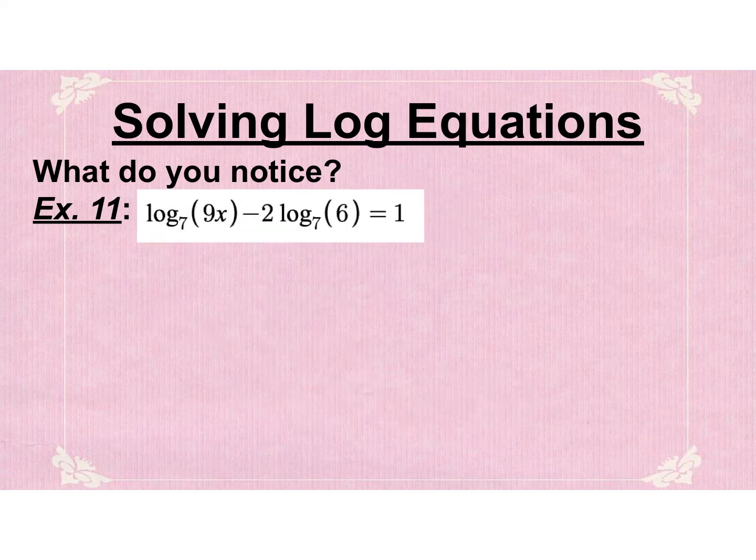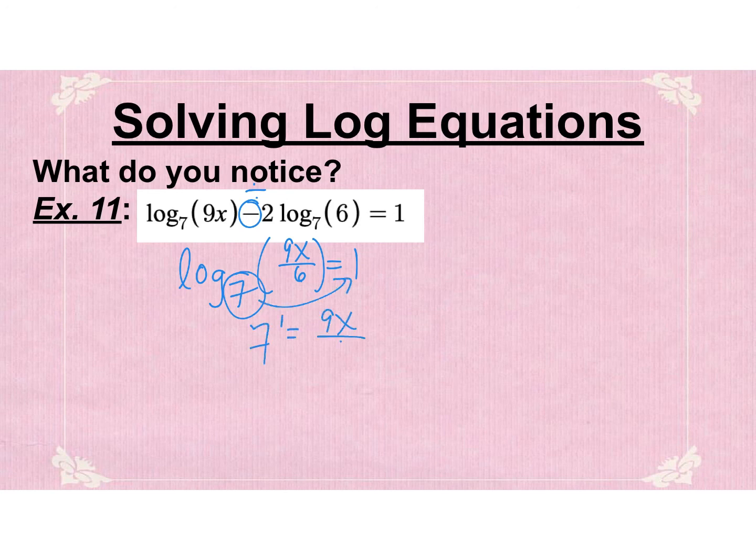And let's try this one. I've got two log words with subtraction. I'm going to condense it with division. So I get log base 7 of 9x over 6 equals 1. I'm going to write it in exponent form starting with my base of 7. So 7 to the 1 equals 9x over 6. Multiply both sides by 6. 42 equals 9x.